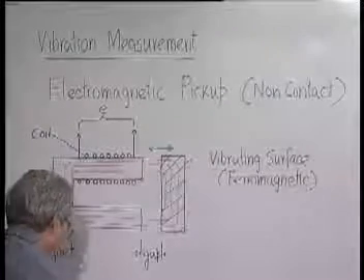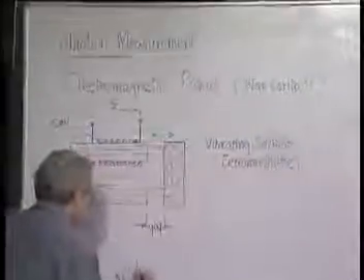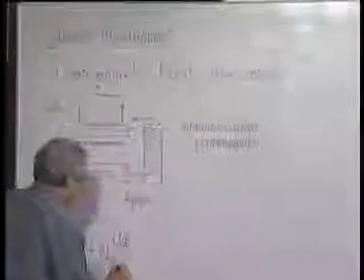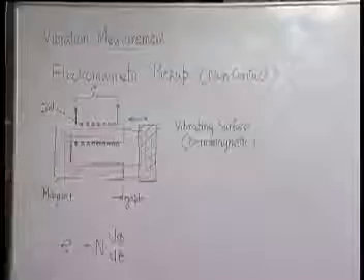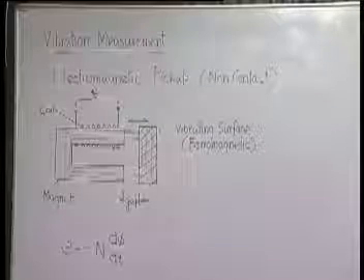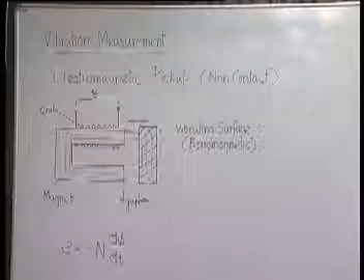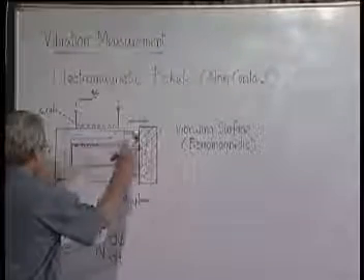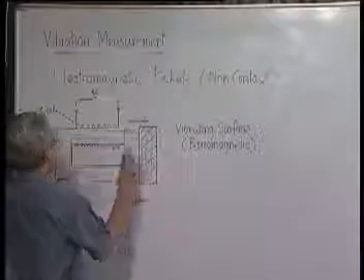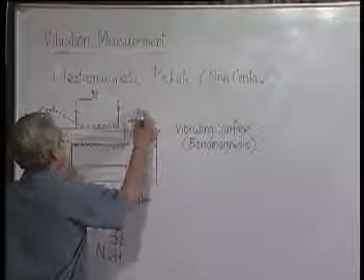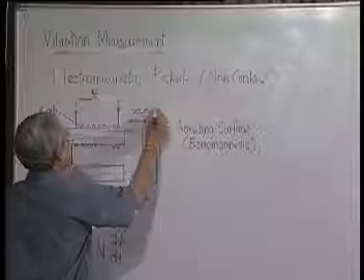And this voltage is given by this: the number of turns, n, times the rate of change of flux. Now this flux is a function of the gap, x cosine omega t.